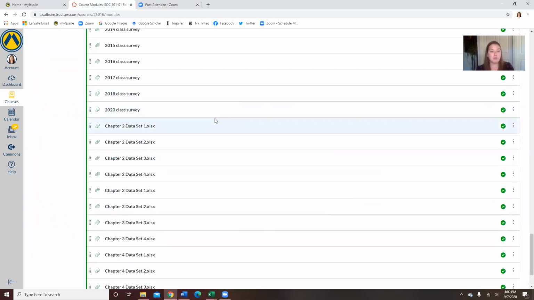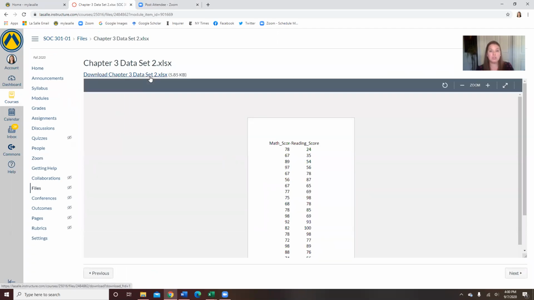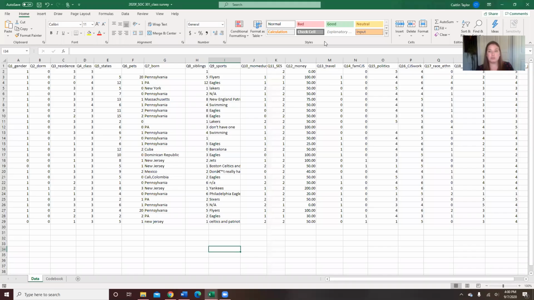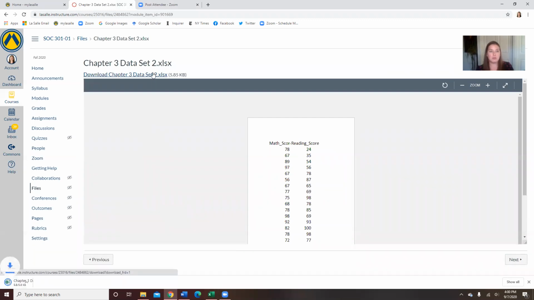Make sure that when you click on it, you are not just looking at whatever preview, but you're actually clicking here so that we fully download the data set, right? You want to make sure that you have it actually open in Excel. And sorry, I already have this one open for you, so it's going to require me to do one at a time.